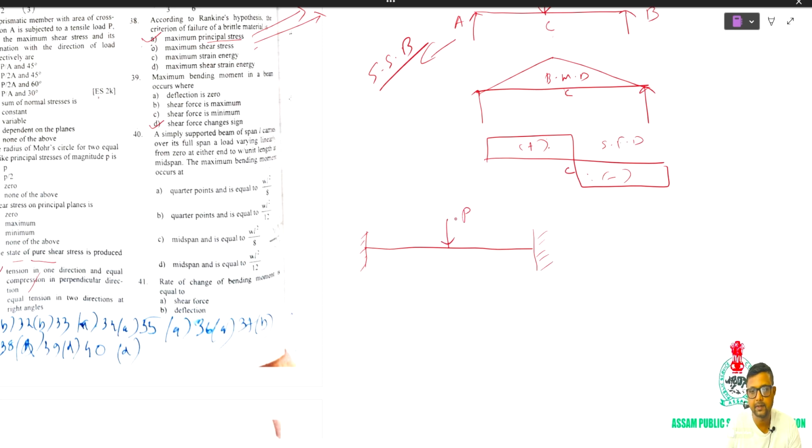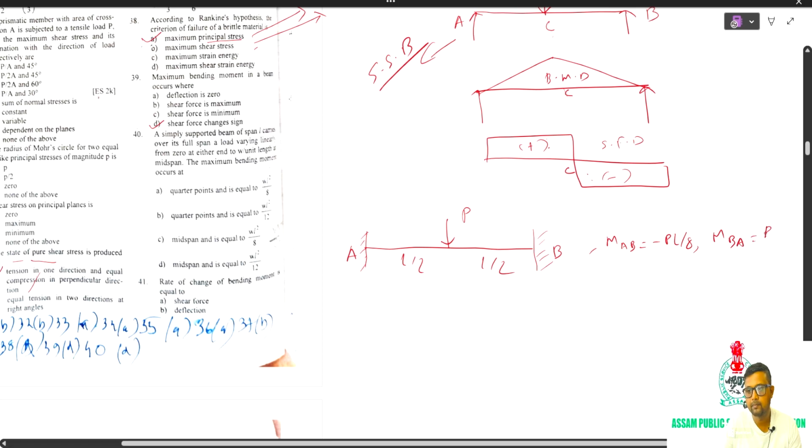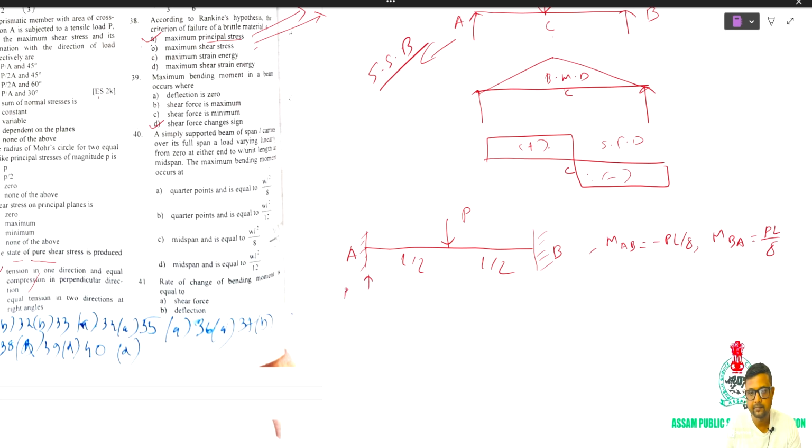P load is there, at L by 2. The fixed end moment is what? Minus PL by 8. This you have to remember always. And reactions RA is equal to P by 2, RB is equal to P by 2, right.